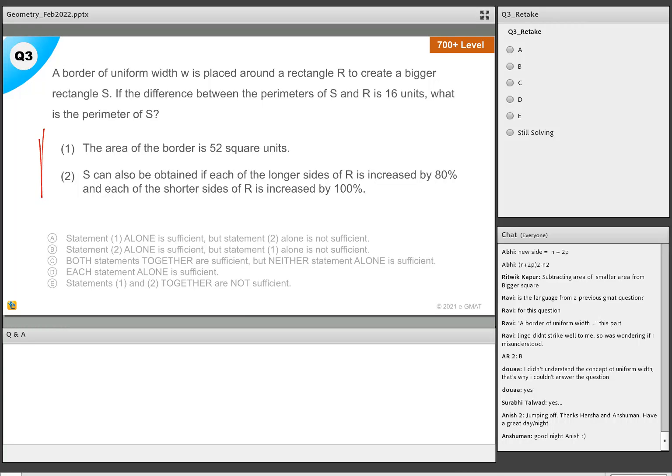So this is probably the most difficult question of the day. I'm going to give you a little more time. I still see some of you are struggling. I see some of you changing your answers as well.